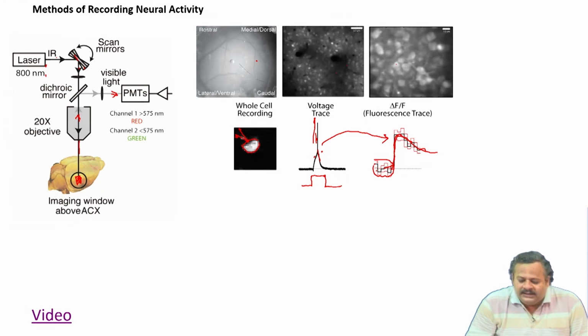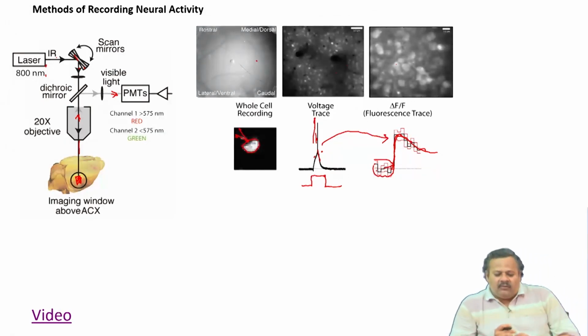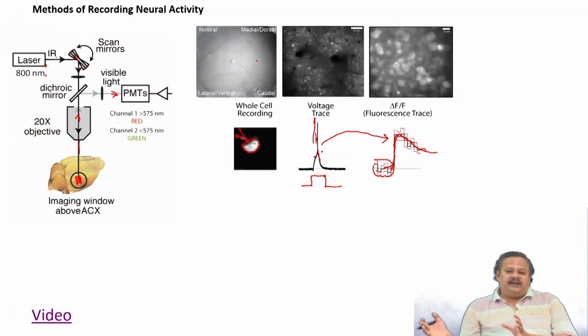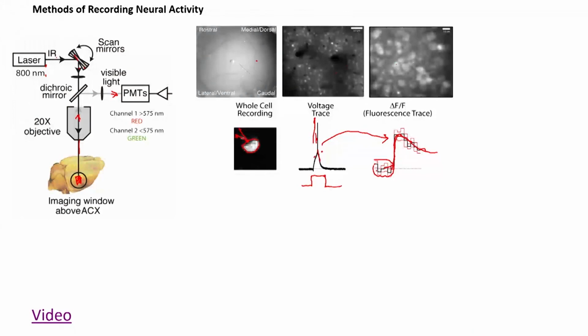So this is again an indirect way, but because of the genetics, we can now express the calcium indicator protein in specific neuronal types, or we can express some other colored fluorescence tag on a particular type of neuron and record simultaneously from different kinds of neurons.